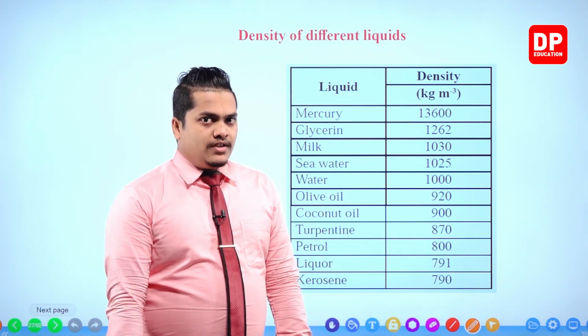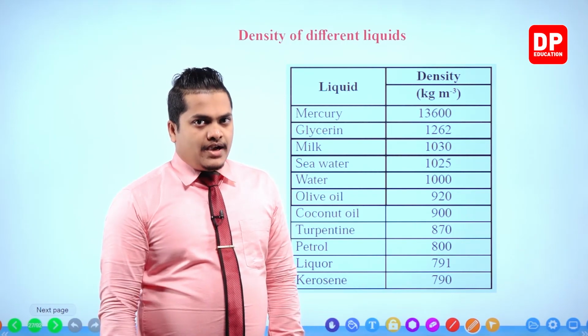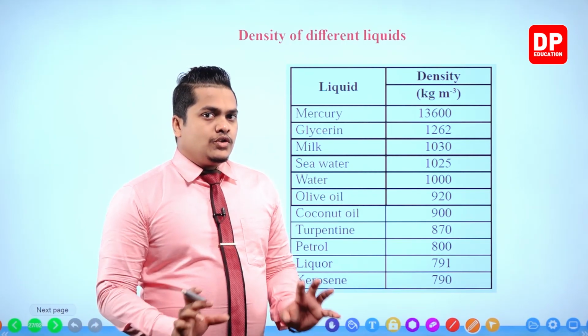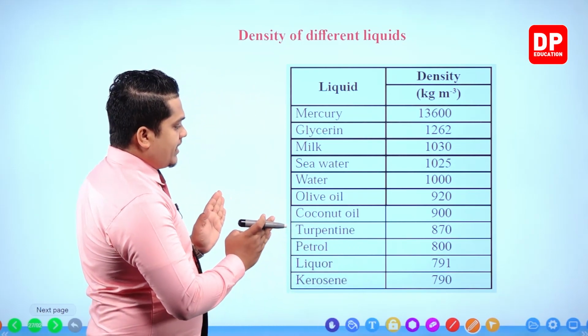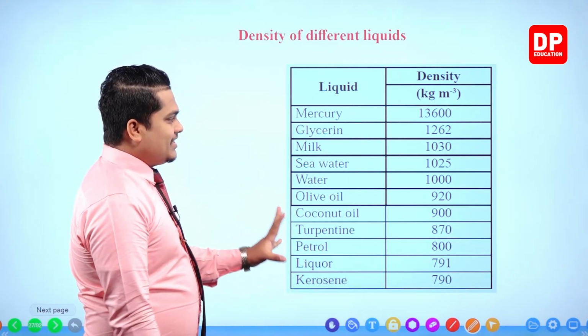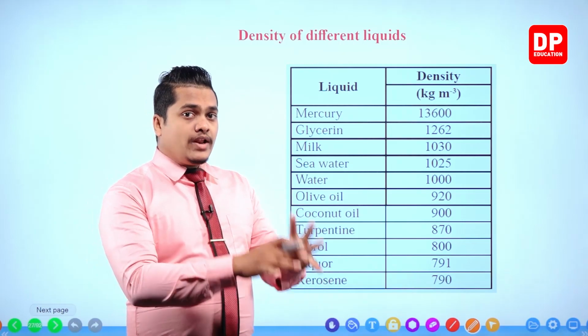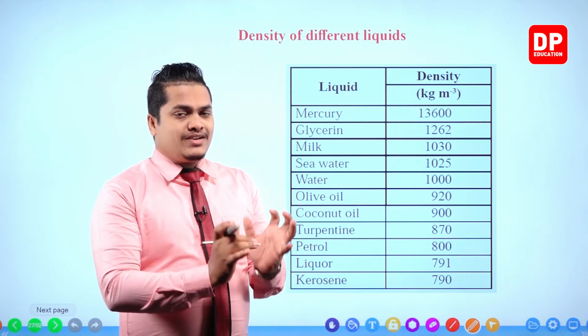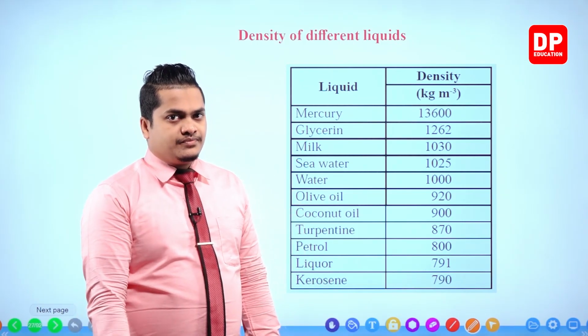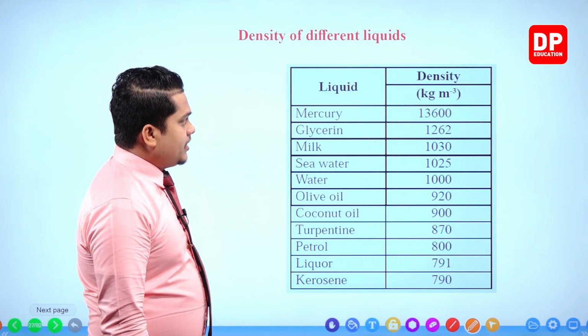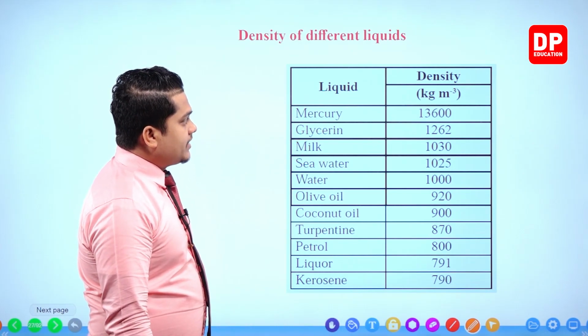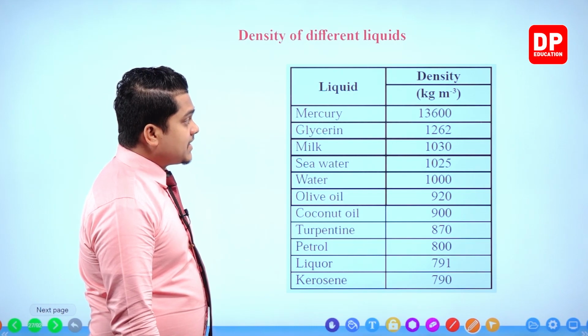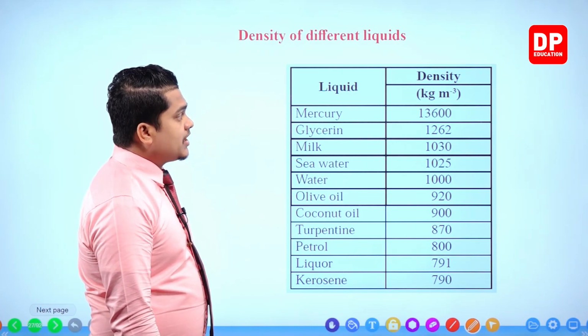However, rather than comparing, my dear children, you are given a special kind of table. Within this table, the exact accurate density is given for different liquids. So in mercury, the density is like 13,600 kilograms per cubic meter.